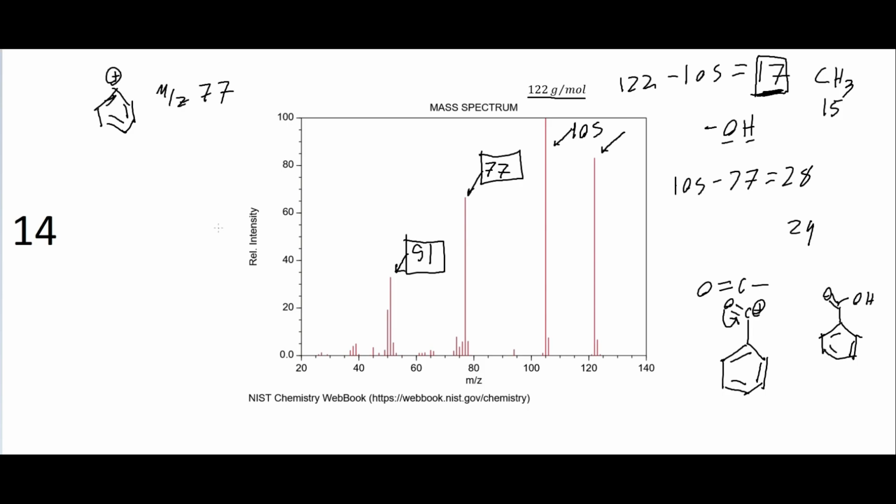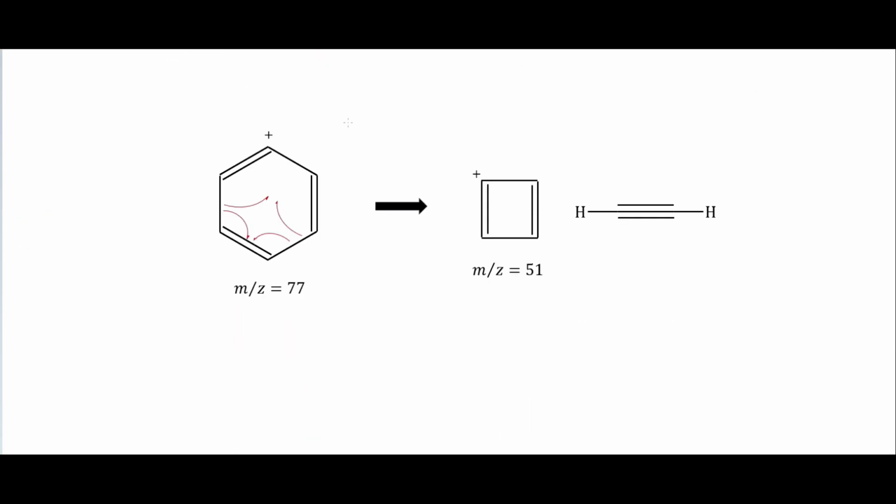And the one we are actually looking at is if we generate this fragment right here, then we can actually do this. So we end up with our M over Z of 77. We do a sort of internal ring radical mechanism.